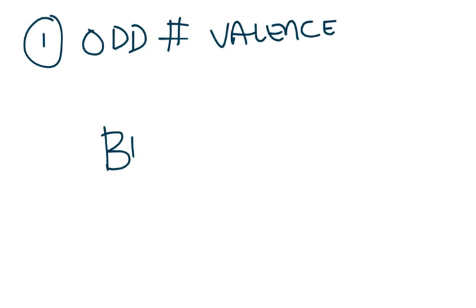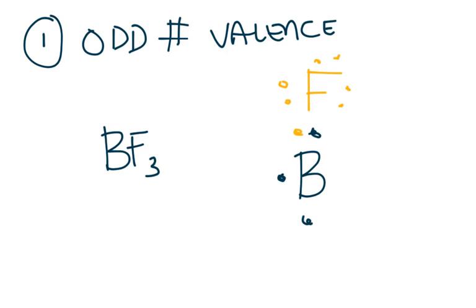For example, if I look at BF3, boron trifluoride. Boron has 3 valence electrons. So when I put my fluorines on, again, following the rules, I'll put that one there, I'll put that one there, okay, I'll put that one there. Everybody's on there, there's all the pieces of the puzzle, fluorines are all happy, fluorines are all stable.